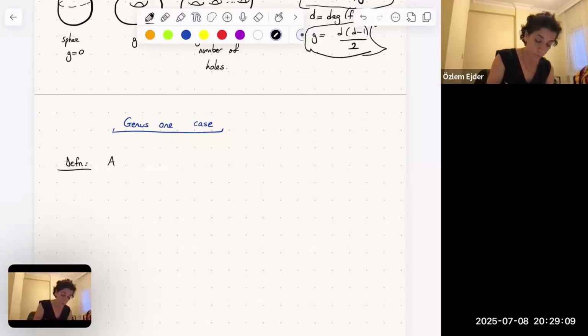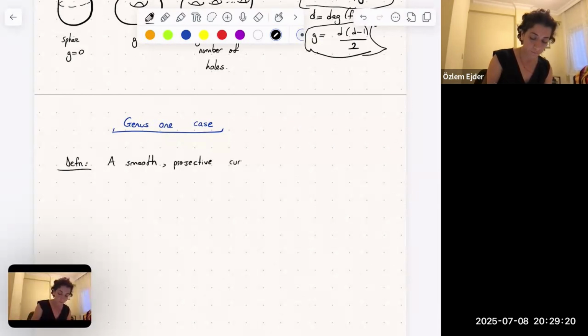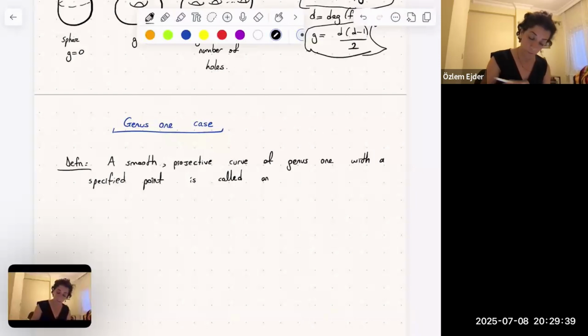I'll give you a more explicit definition, but this is the usual definition that you will see everywhere: a smooth projective curve of genus 1 with a specified point. So you choose a point on it. It's called an elliptic curve. And there's an easy description of such curves.